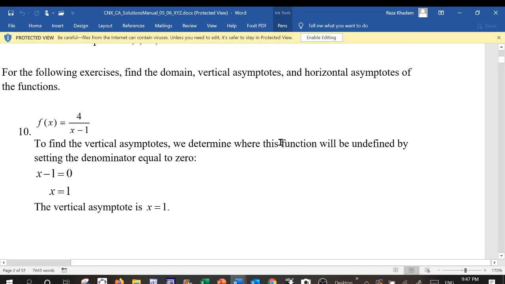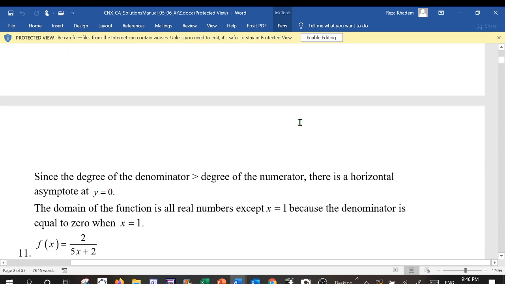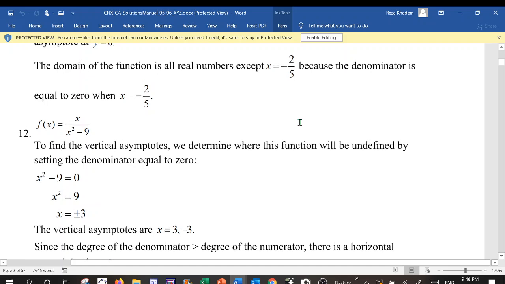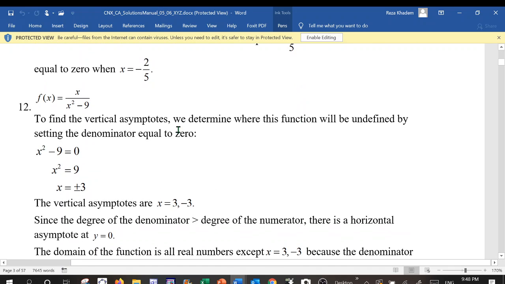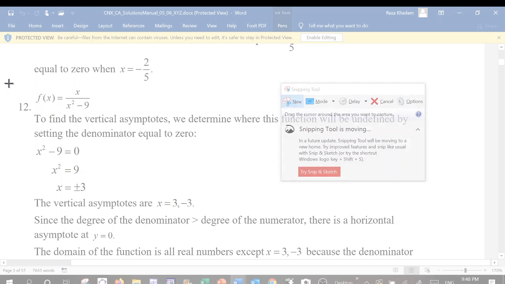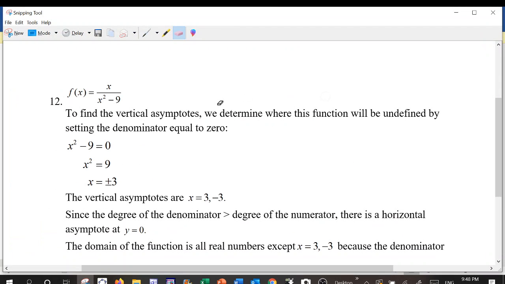Okay. So let's do another one. What about number 12? This one. Well, in this one, again, vertical asymptote. Does it have vertical asymptote? Yes. x squared minus 9 equal to 0.